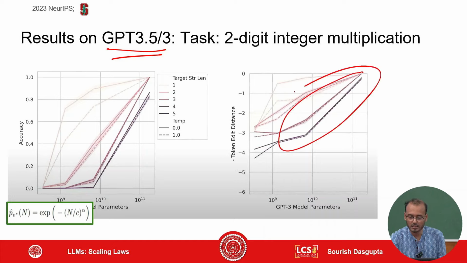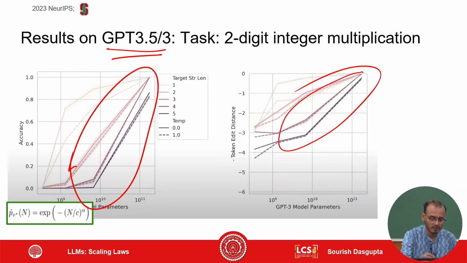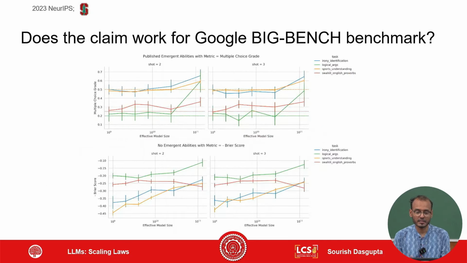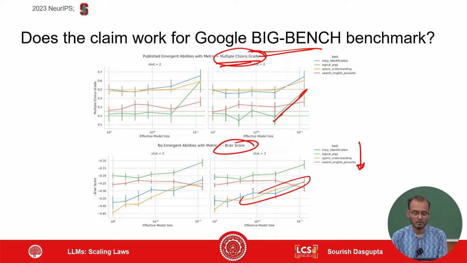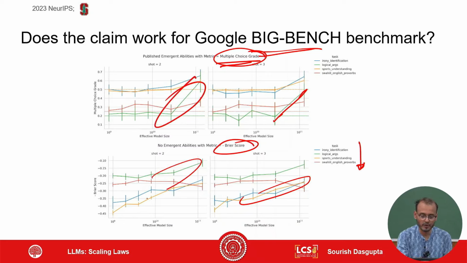And they saw that something like this is going on, as opposed to this. Then they looked at other big benchmarks and different types of tasks. This was MCG, but the moment they used Brier score, all the spikes went away.